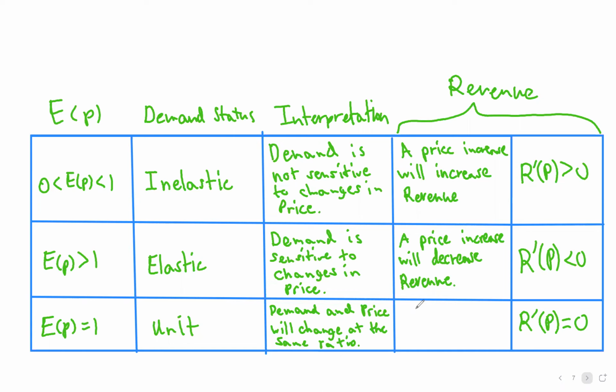What that means is that a corresponding price increase will be equally reflected with a decrease in demand. And so the revenue won't change over small changes while you have unit demand. The revenue derivative with respect to price would be 0 at that point.